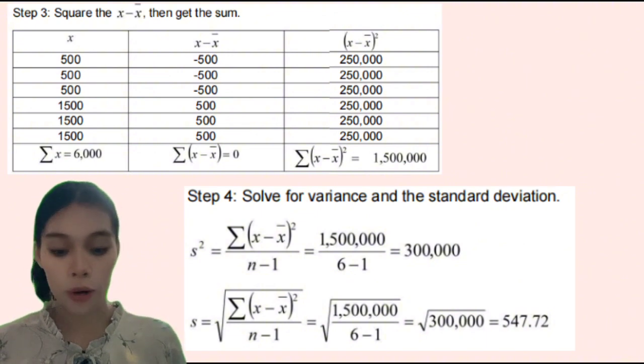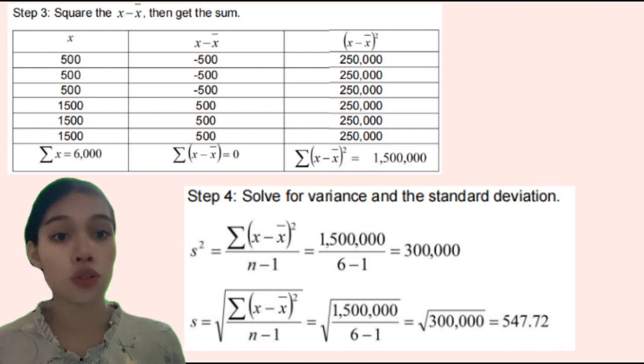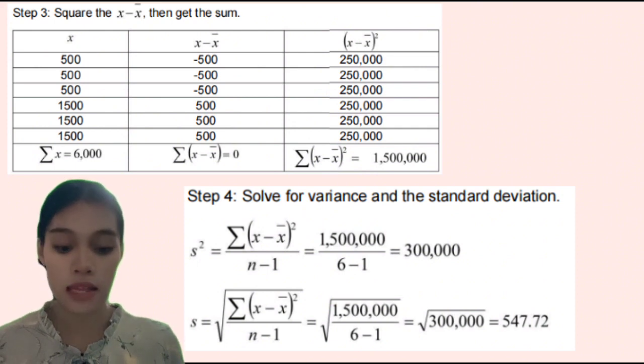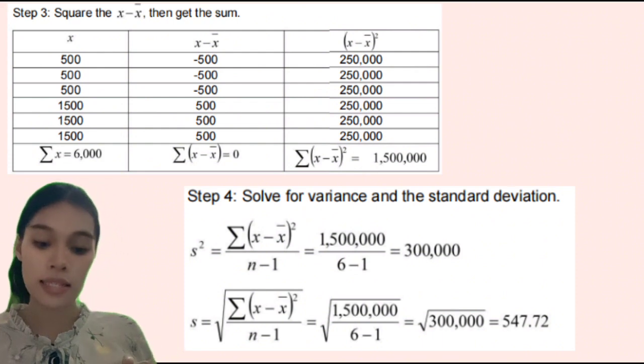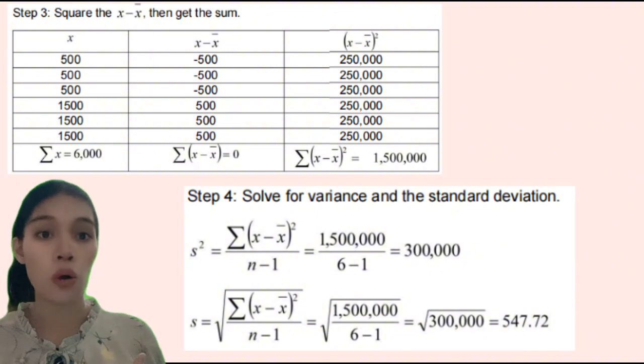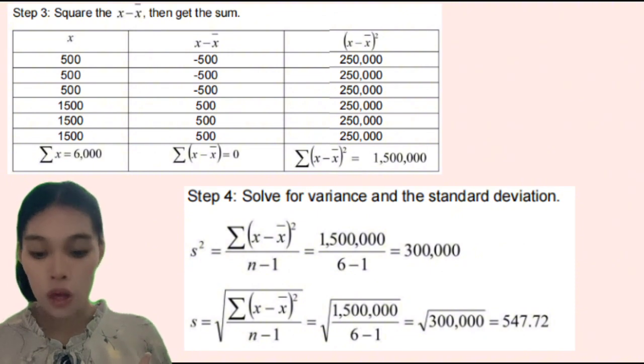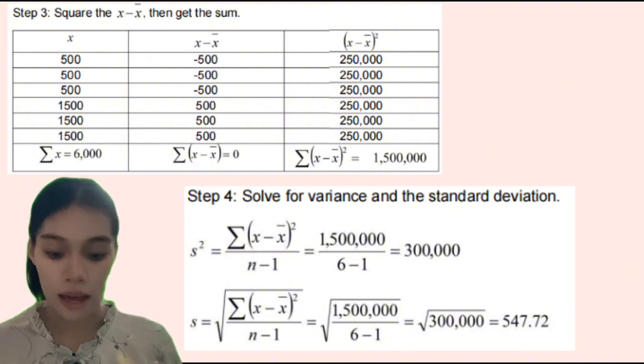Since we're done with our table and have all our values set, we go to step 4, which is to solve for the variance and the standard deviation. I have placed here the solution and also the formula that will be used. We will write down the formula.